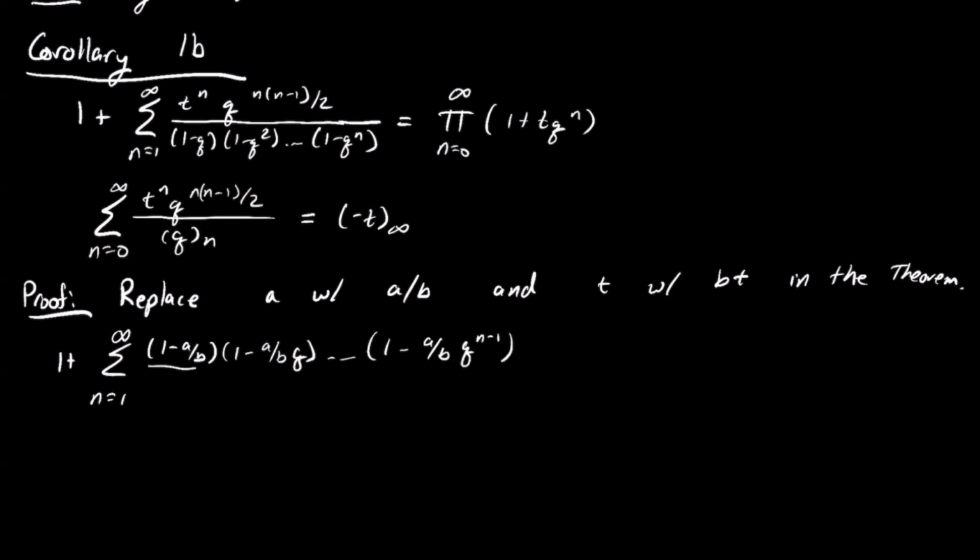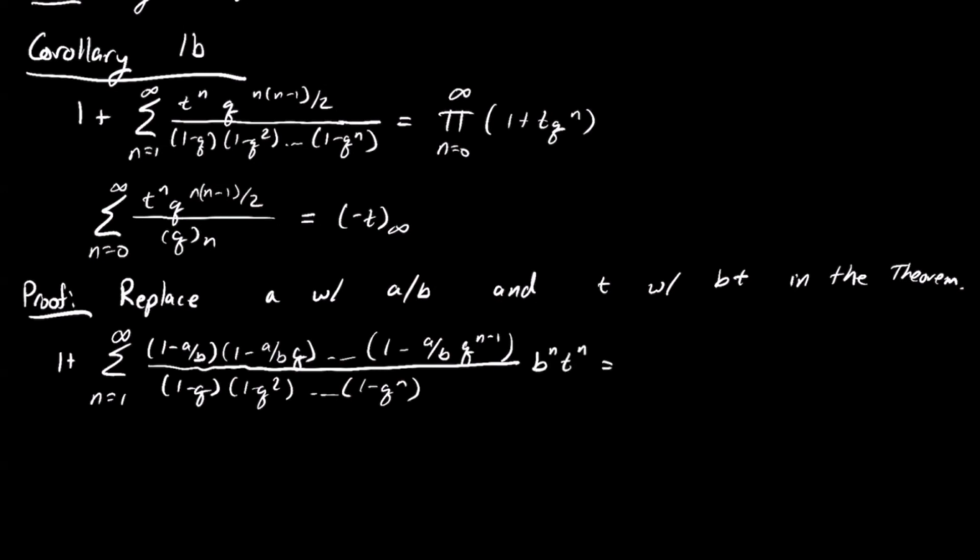Divided by, well, the denominator stays the same. So this will be 1 minus q squared, up to 1 minus q to the n. And we're replacing t by bt. So our t to the n is just going to become b to the n times t to the n. What happens on our product side?